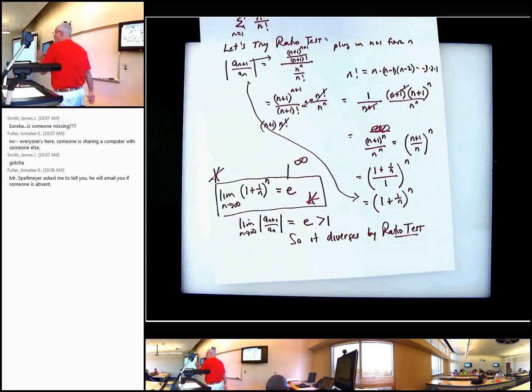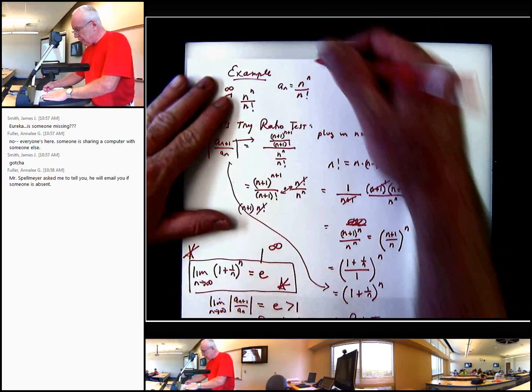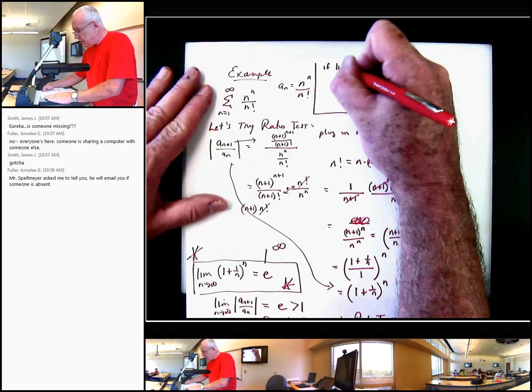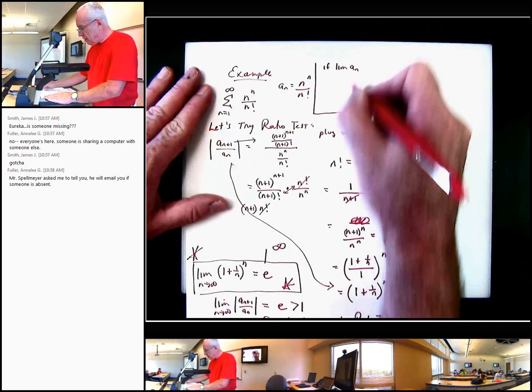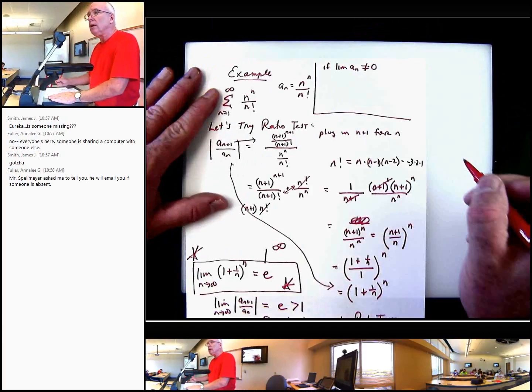Now, this is the hard way to do this problem. We all remember the divergence test, that if the limit of a sub n, our term, doesn't equal 0, then it diverges.